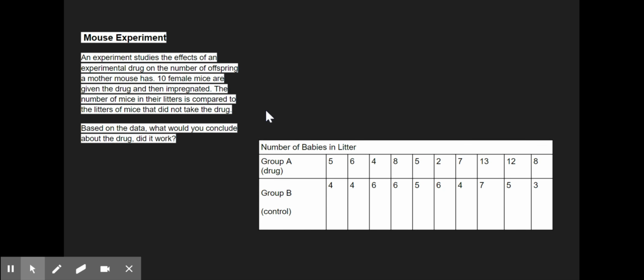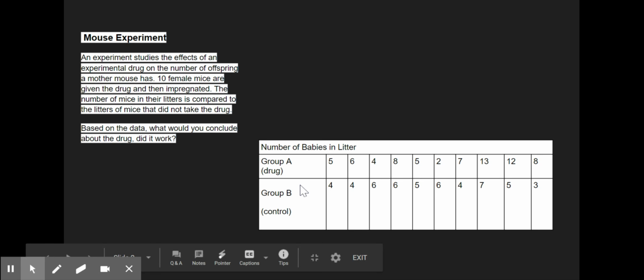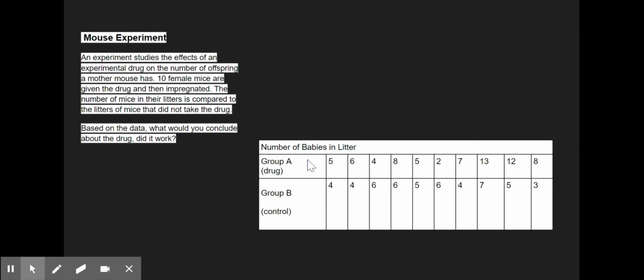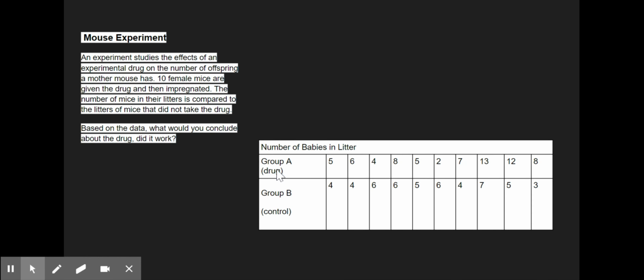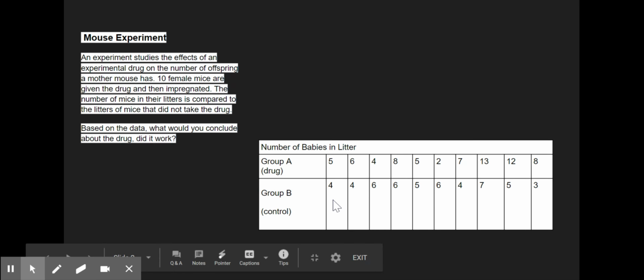All right, so we're going to talk first about the number one. So number one, you're figuring out if the mice in group A, the drug, had more babies than the mice in group B. So did the drug work or did it not work? So what we need to do is look at this first, and it's kind of like we make an initial assessment.